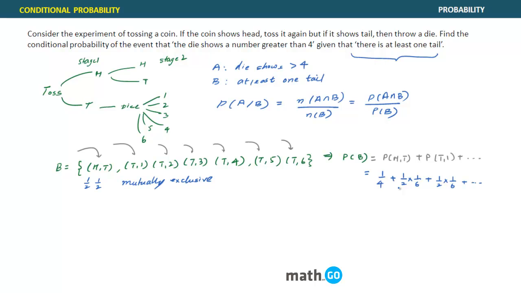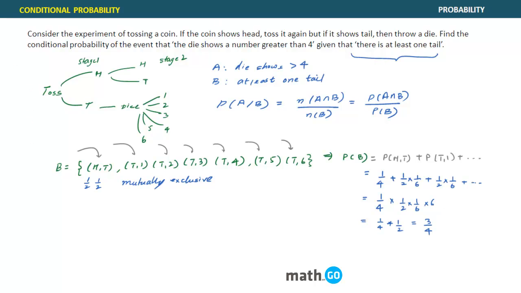If you calculate this completely, what you should get is 1 by 4 plus 1 by 2 into 1 by 6. How many cases are these? These are 6 cases. So 1 by 4 plus 1 by 2, and you will get your answer as 3 by 4 here. So this is the probability of event B.